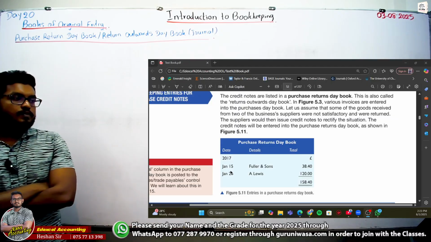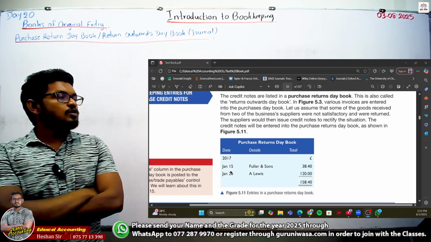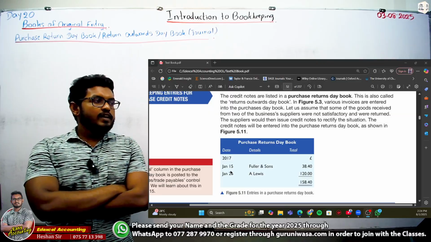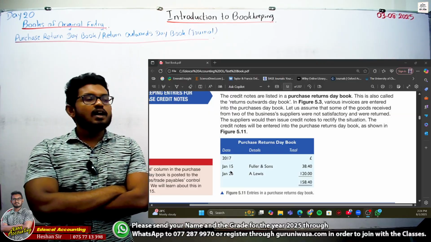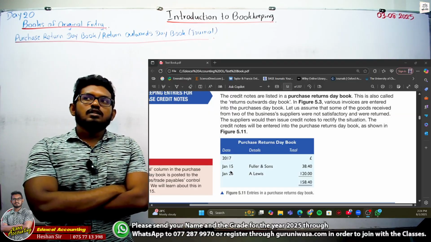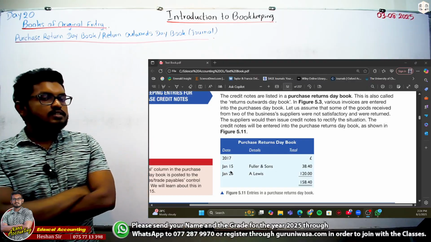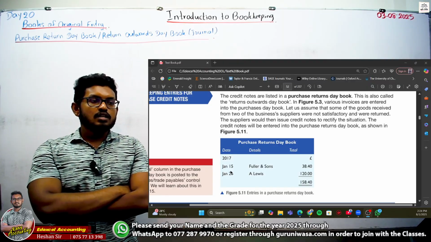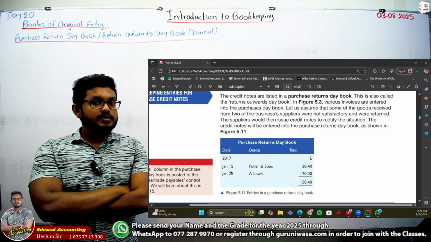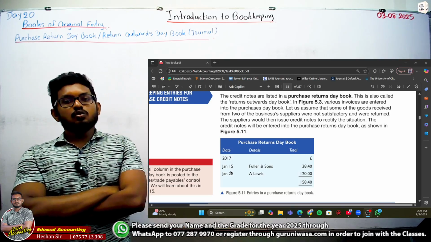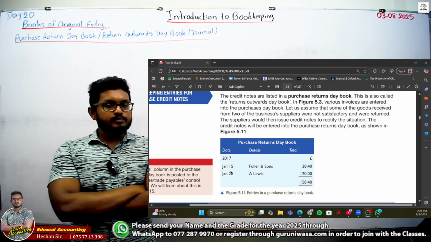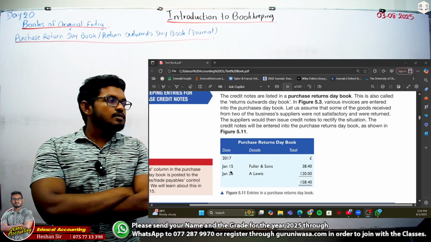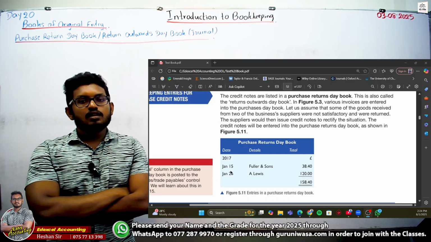Most of the time, though we return the goods, the supplier has not accepted them. So when we return goods and prepare the debit note, we can't record it in the purchase return journal, because if the supplier has not accepted the returned goods, we need to keep them as we purchased them. But when the supplier accepts the return, we can record it.